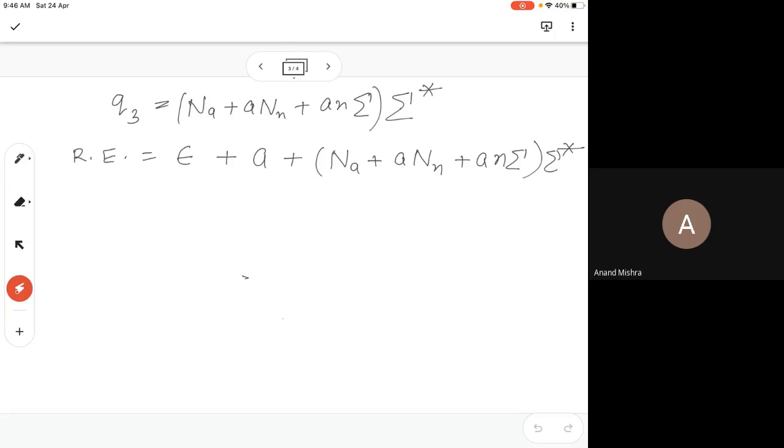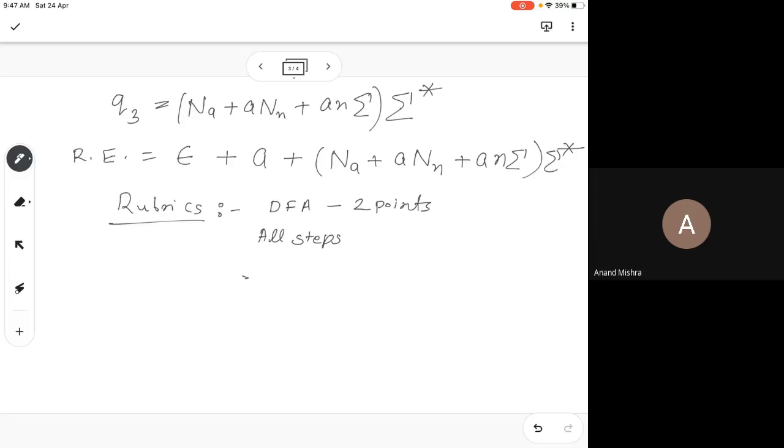And again, we are following the rubrics, so let's follow it. If your DFA is correct, that is 2 points, because that was done last time as well. So the DFA is correct, all steps are correct and all steps are shown.